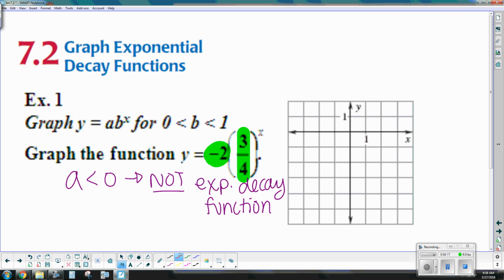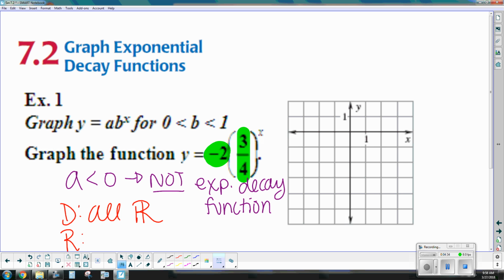But in this function, looking at our domain, our x value can be any real number. Any real number that we pick for x is going to output a real number.